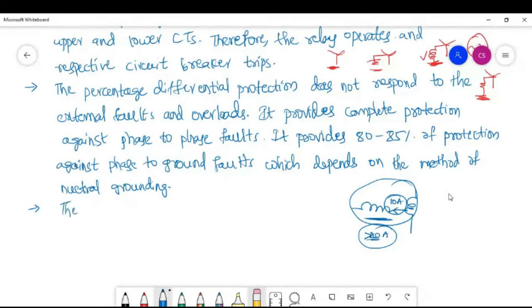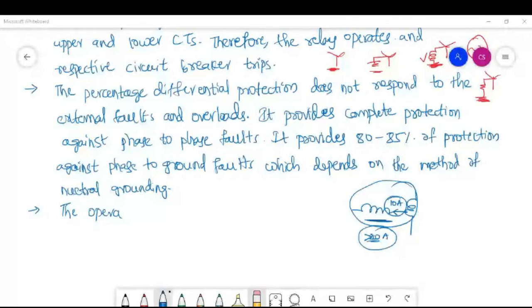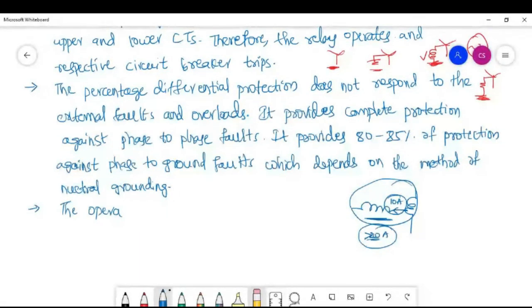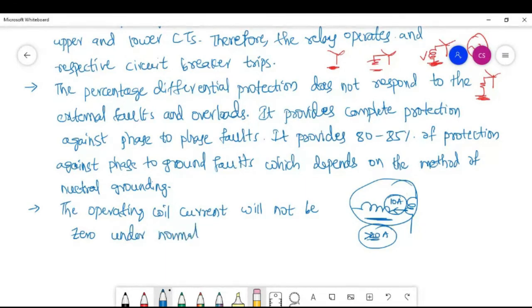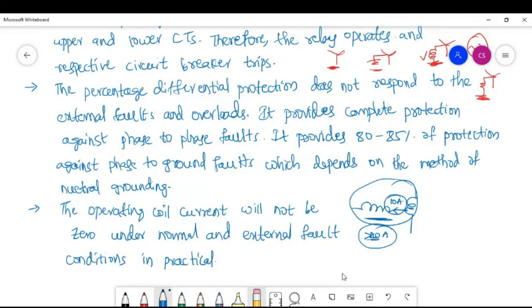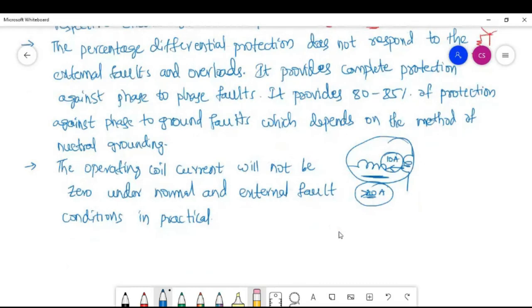The operating coil current will not be zero under normal and external fault conditions in practice.